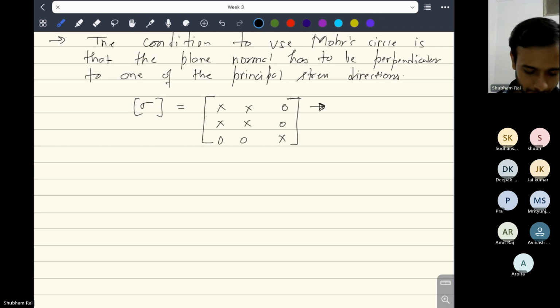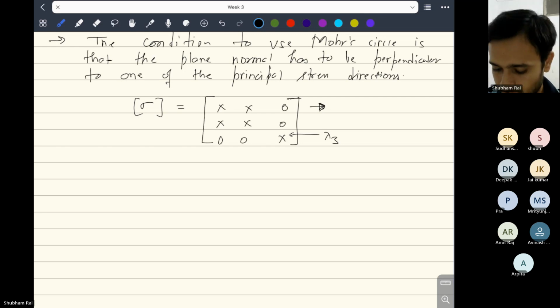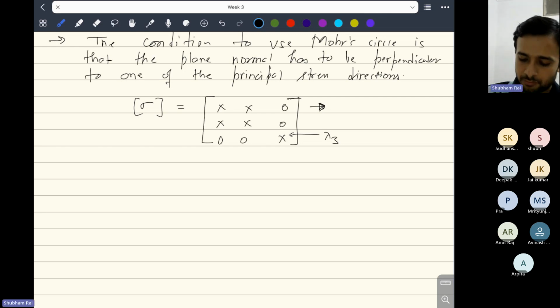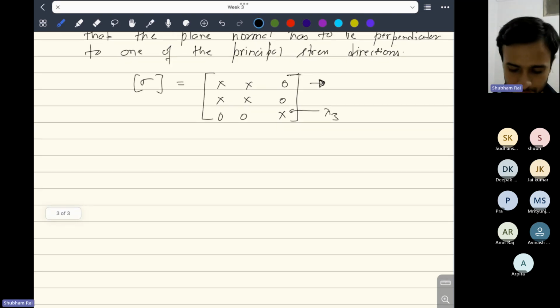This is obviously lambda 3, the third eigenvalue, which is the value of the normal stress on that principal plane. You can ask me if you have any questions on this.